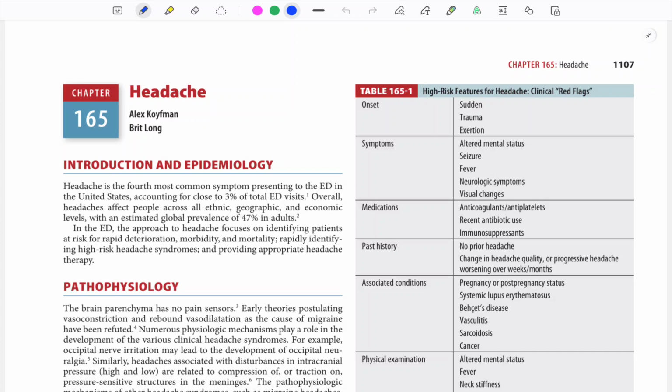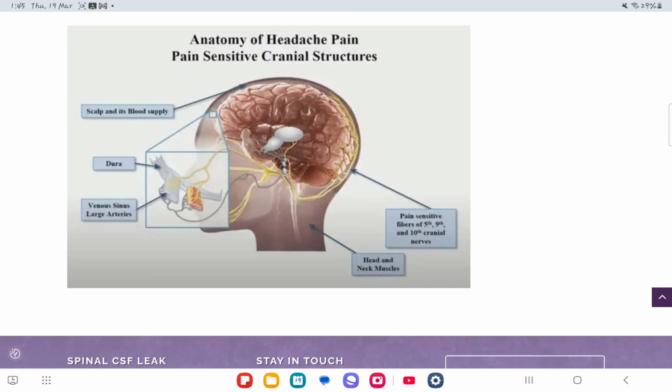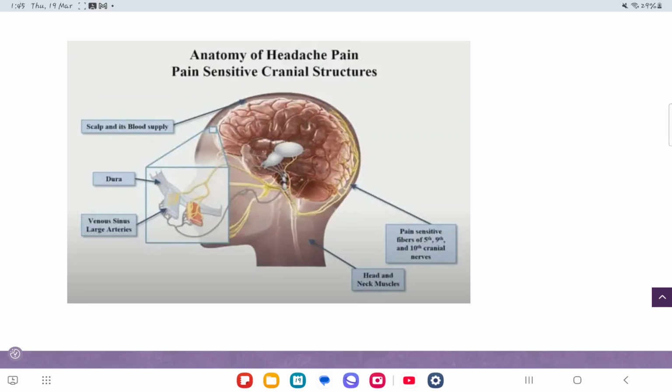So what are the pain sensitive structures in our brain? Brain parenchyma has no pain sensors. The pain sensitive structures in our brain are the meninges, the dura and arachnoid mater. Pia mater is not included because pia is completely stuck to the brain.